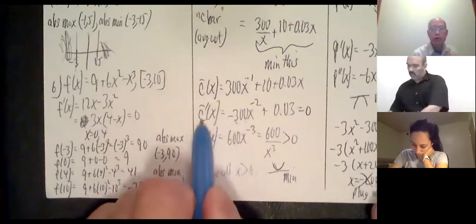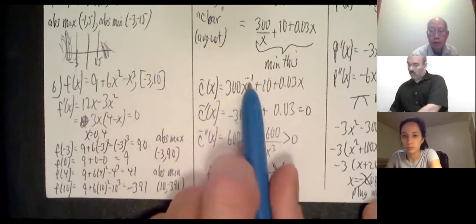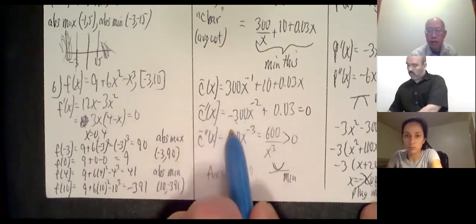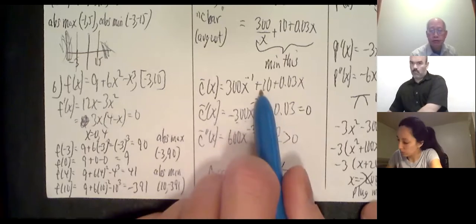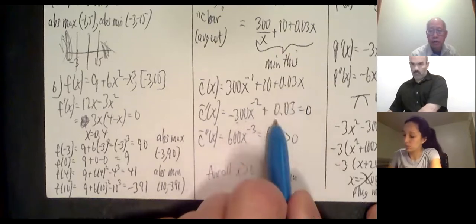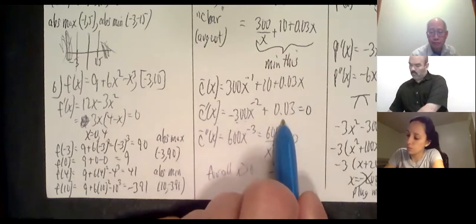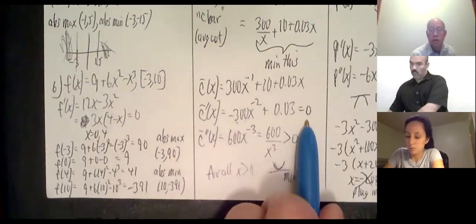Okay, so C bar prime, the derivative of this thing. So -1 times 300, -300 X to the -2. Derivative of 10 is 0, so don't worry about it. Derivative of this is 0.03. And yes, I will be setting it equal to 0.